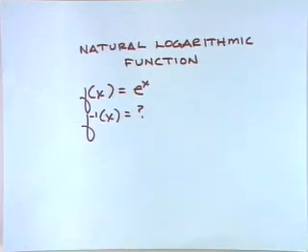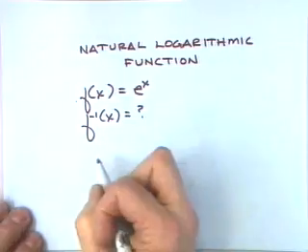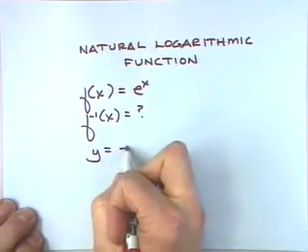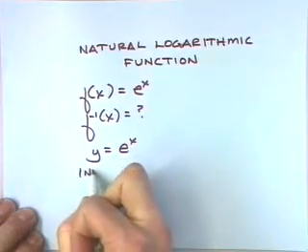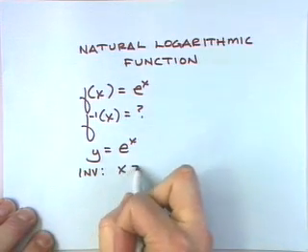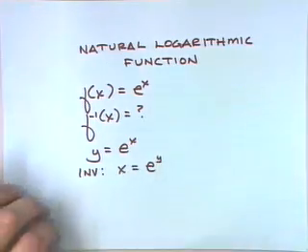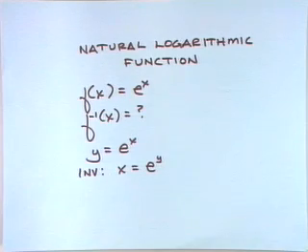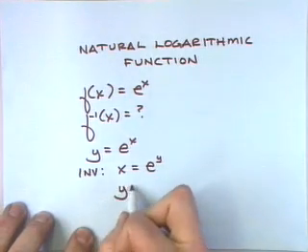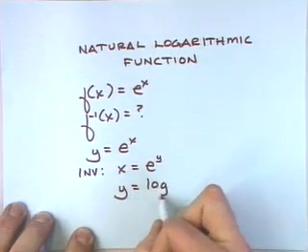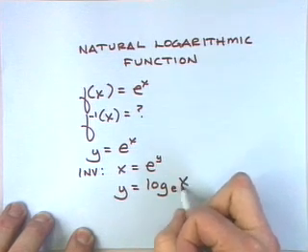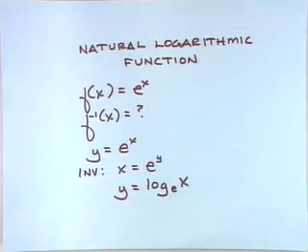Well, let's find it. The original is y equals e to the x. So the inverse ought to be x equals e to the y. What is y? Y is log to the base e of x. Now you don't see that notation very often. It's legal.